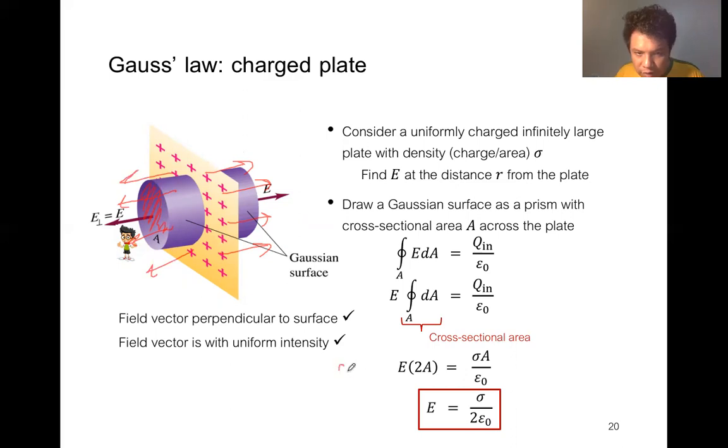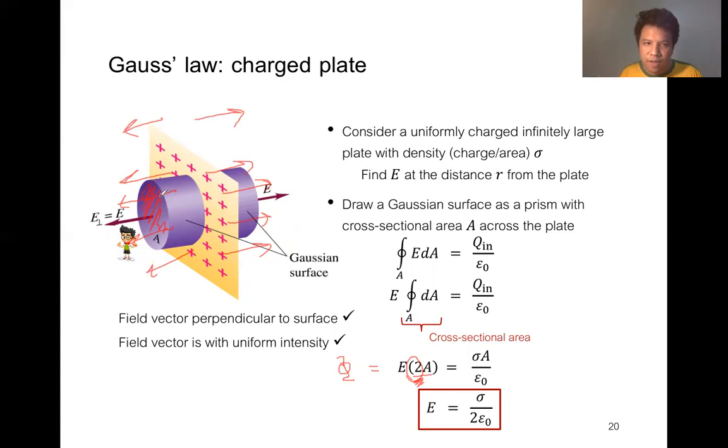So when we use Gauss's law, now we know that the flux can be written in terms of E times 2A. So why does this 2 appear? It is because we are considering electric fields that come out on both sides of the plate.